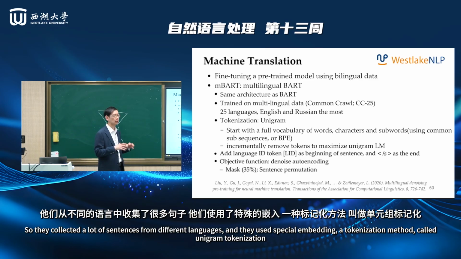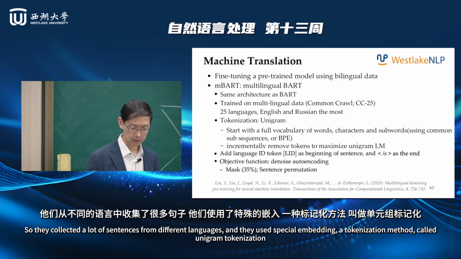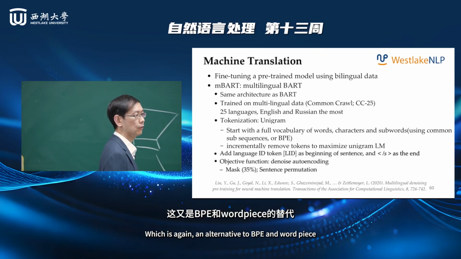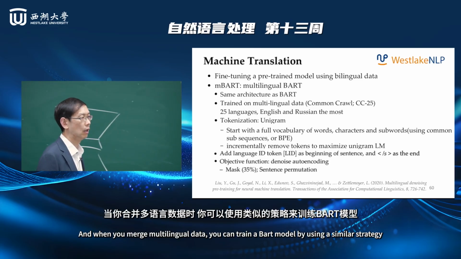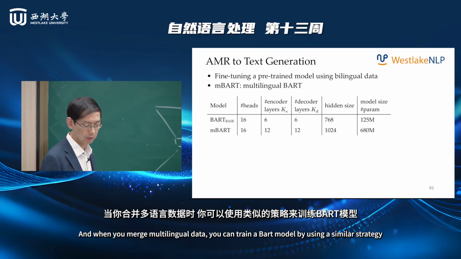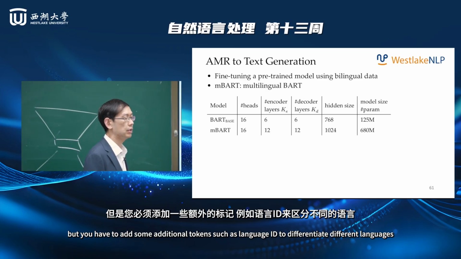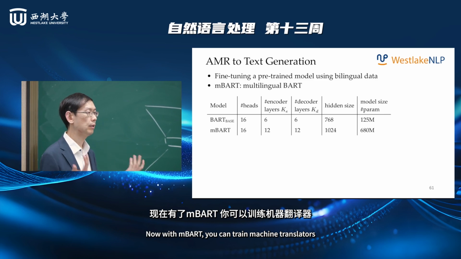They collected a lot of sentences from different languages, and they used a special tokenization method called unigram tokenization, which is again an alternative to BPE and WordPiece. You can read it offline. And when you merge multilingual data, you can train a BART model using a similar strategy, but you have to add some additional tokens such as language ID to differentiate different languages. Now with mBART, you can train machine translators.